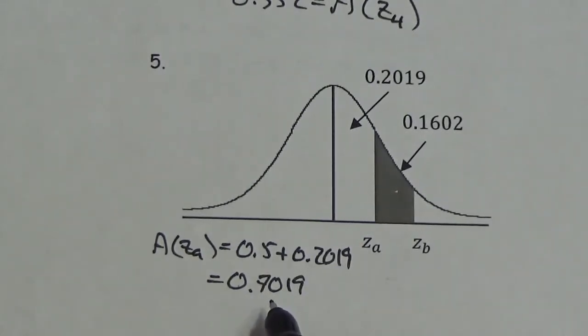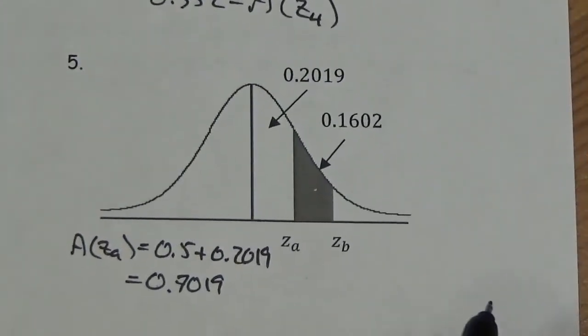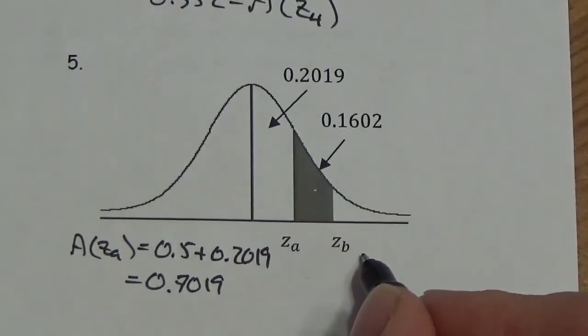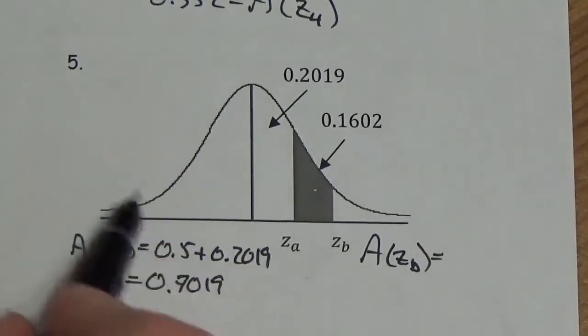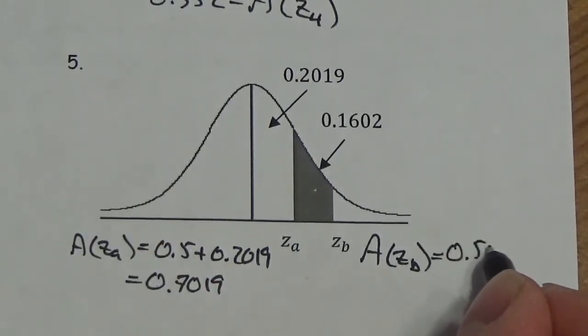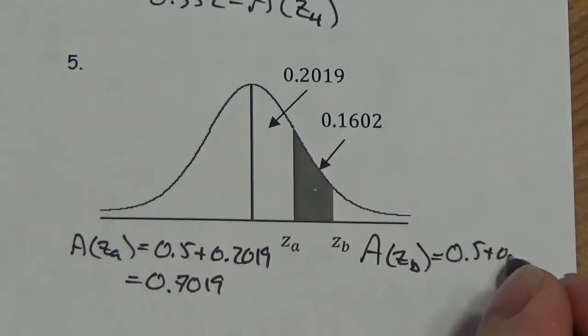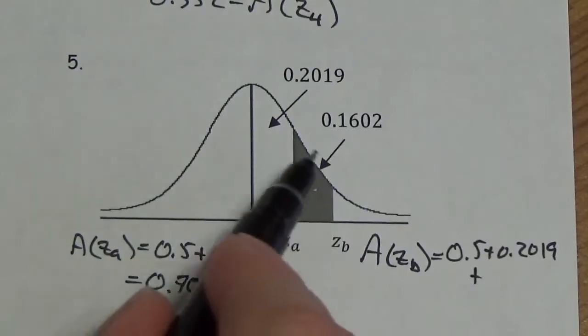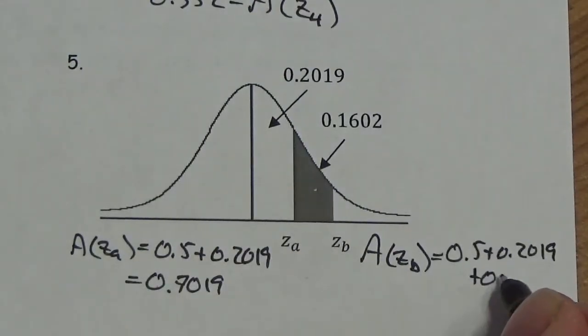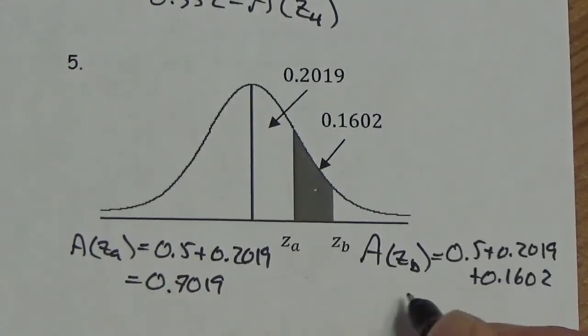Okay. For B, a little bit more complicated than that, though not much. The area to the left of B is going to be 0.5 plus 0.2019, that percentage, plus this one, plus 0.1602.